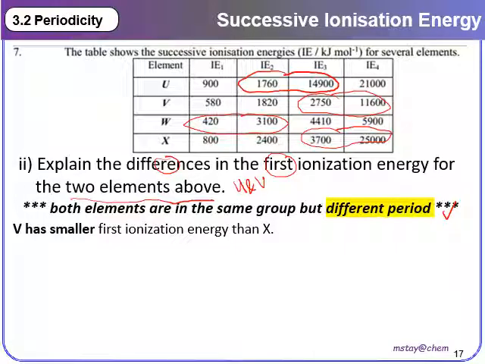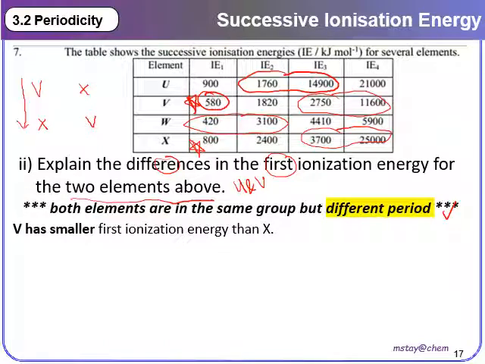Next, based on the values here, we notice that we have a smaller first IE compared to X. Because they are in two different periods, there are two possibilities: V over X or X over V. From here we have to think about what happens to the IE when going down the group.